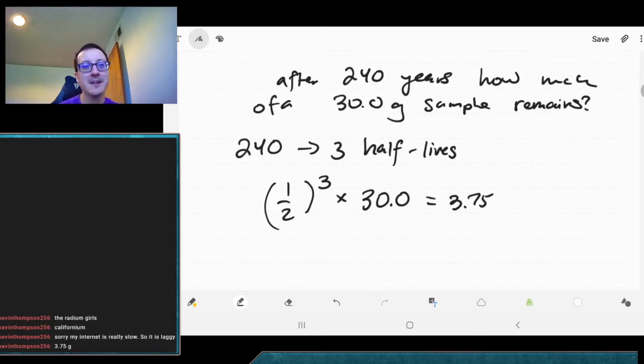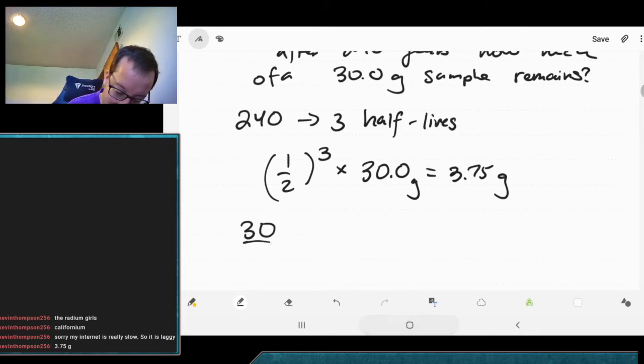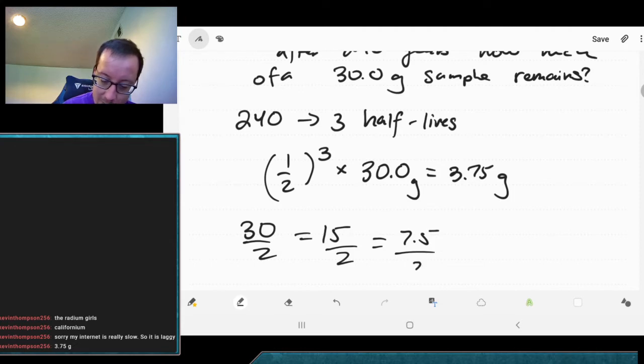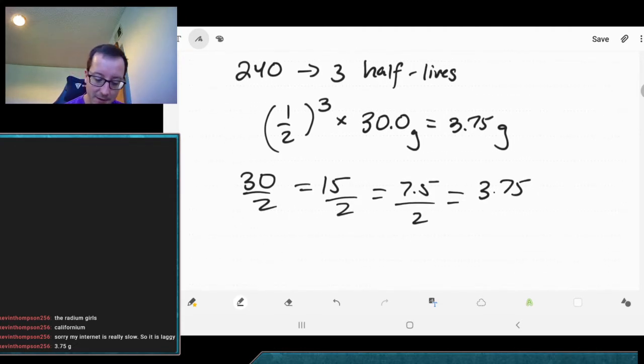Of course, it's easier. That'd be how much you'd be left. See, your internet's not laggy. It worked out just fine. And so you can do it this way. Or if you really don't want to use exponents at all, you can just do 30 divided by 2 equals 15, divided by 2 equals 7.5, divided by 2 equals 3.75. There you go. That's 3 half-lives. That's 1, 2, 3. 3 half-lives get us to where we need to be.